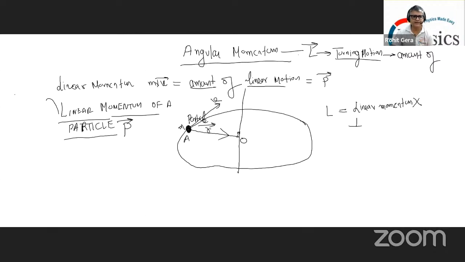So this is your axis around which you are revolving, and here you have a linear momentum, which is this, and then multiply by the perpendicular distance of yours from the axis of rotation. So perpendicular distance is the radius, and therefore linear momentum multiplied by the perpendicular distance from the axis of rotation.